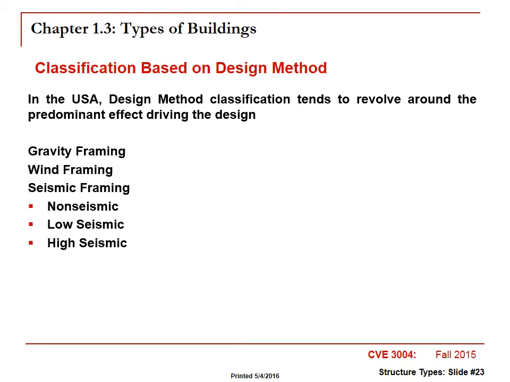So designing a structure for earthquakes up in Chicago will be remarkably different than designing a structure, and the methods and loads you'll have on it, for earthquakes in Seattle. There'll be night and day differences.